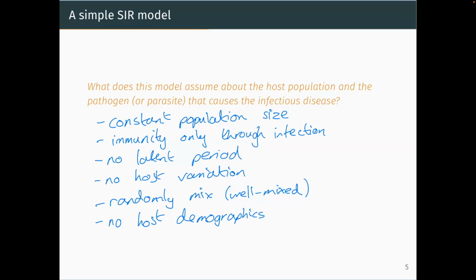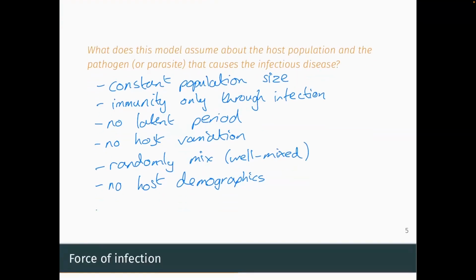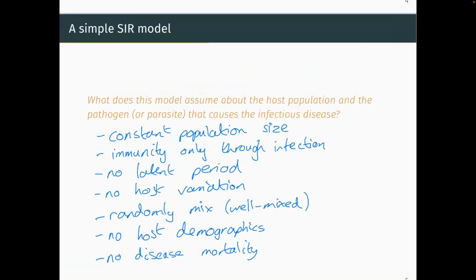Okay, so some people die. I'm going to lead on to the next one here, we have no disease mortality. If it was killing lots and lots of hosts, or if it was over a much longer period of time, we might want to take into account host demographics, especially if we're thinking about something over many years in the human population.